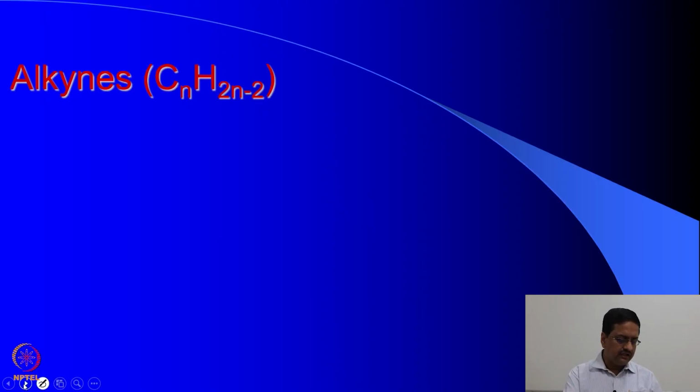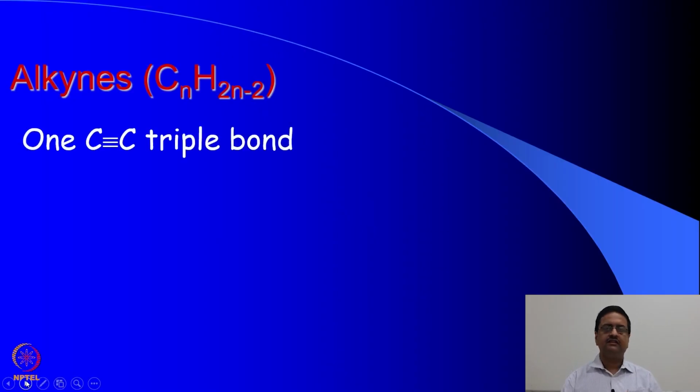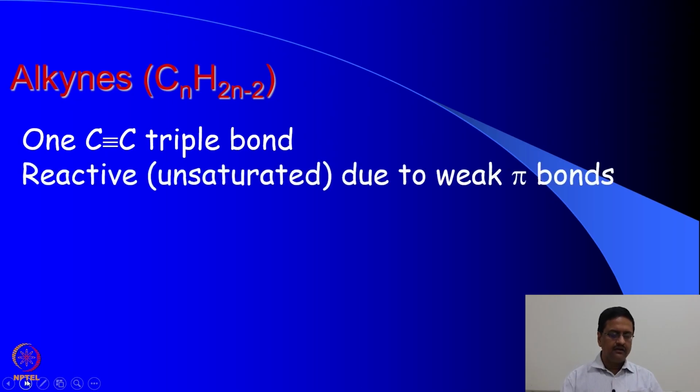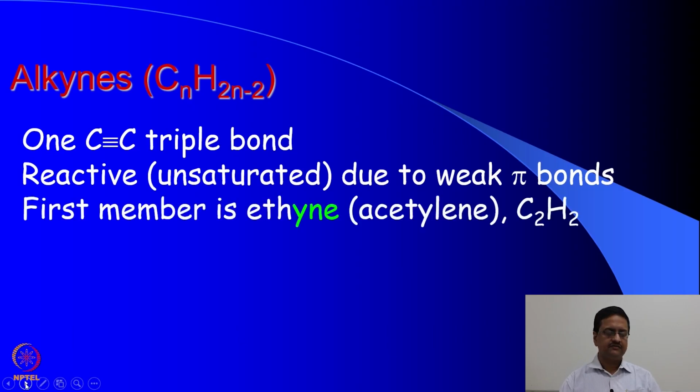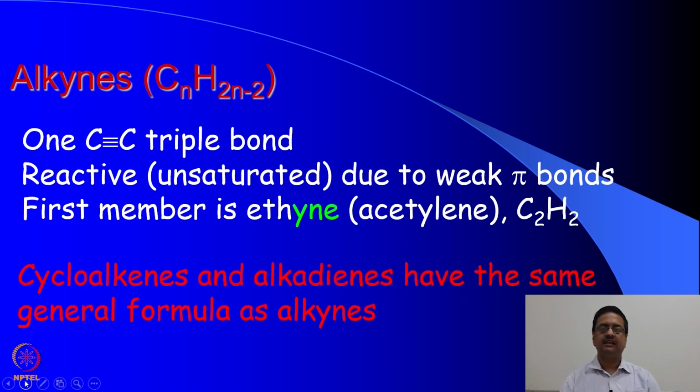As you know, the alkynes are the compounds which contain a CC triple bond, and these are as usual reactive in nature due to weak pi bonds. The first member of this series is ethyne or acetylene, which is identified as C2H2, but you can understand that there may be a large number of different compounds which can have a CC triple bond.